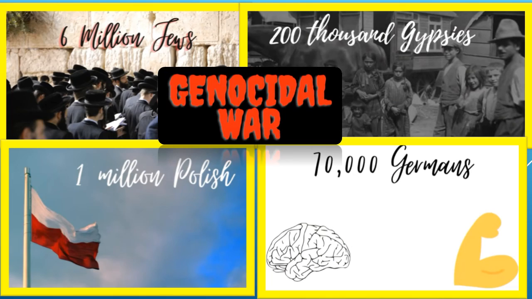Under the shadow of the Second World War, Germany waged a genocidal war, that is, mass killing, against the Jews. The number of people killed included 6 million Jews, 200,000 Gypsies, 1 million Polish, and 70,000 Germans who were considered mentally and physically disabled.